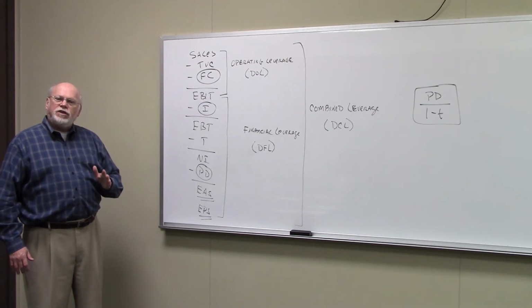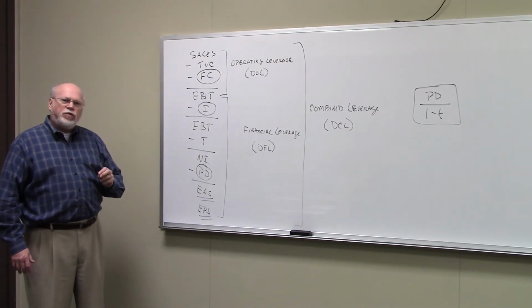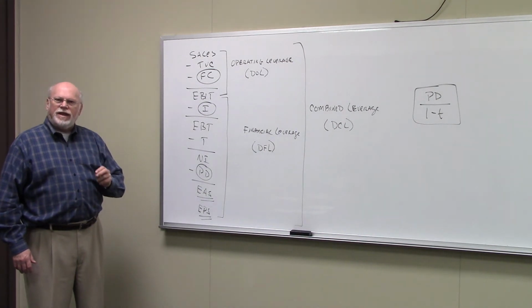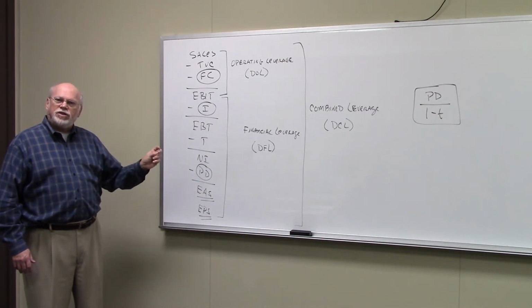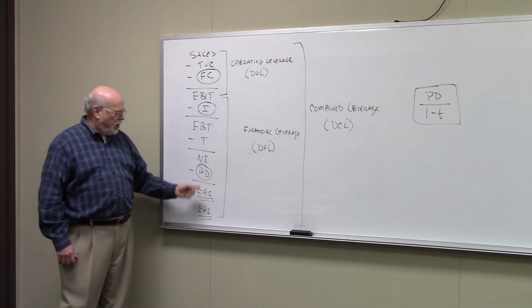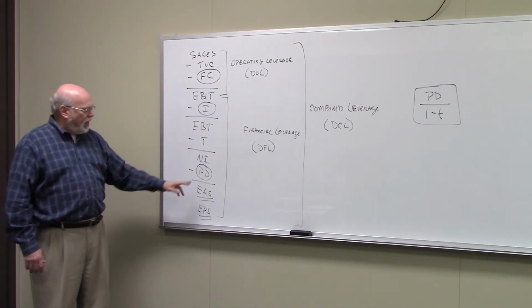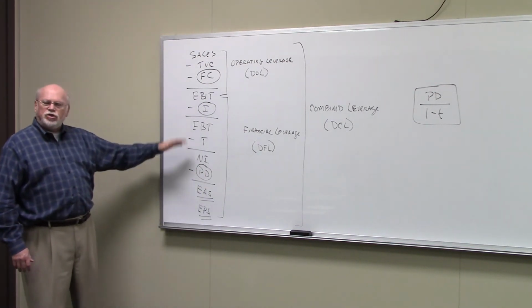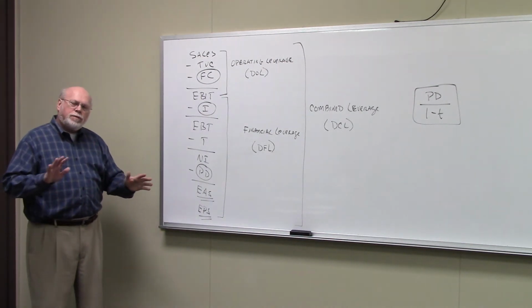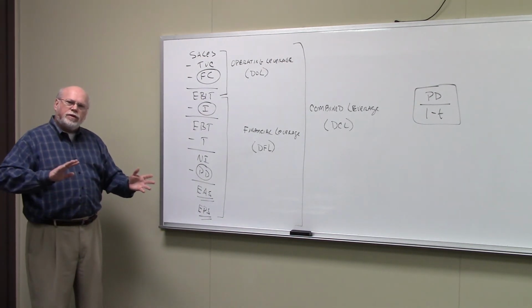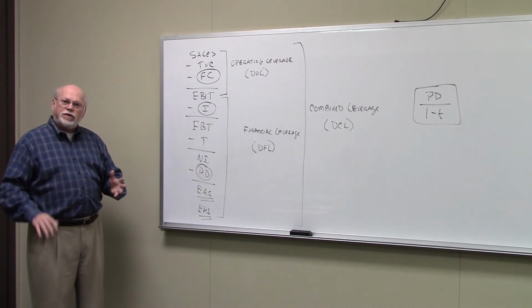Now, combined leverage takes into effect both the impact of operating leverage and financial leverage. It is the impact of greater interest expense, the impact of greater fixed cost, and the impact of increasing preferred dividends.